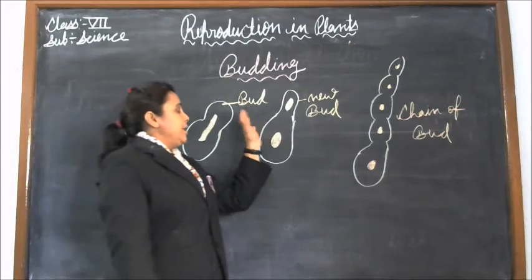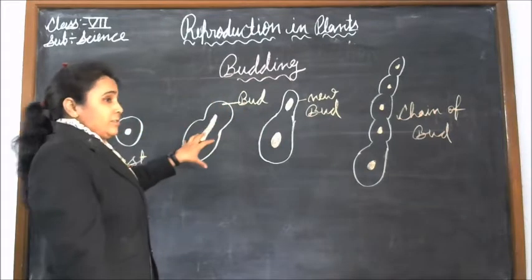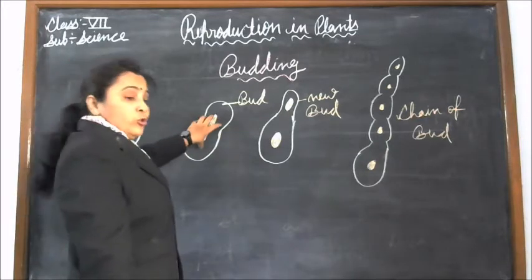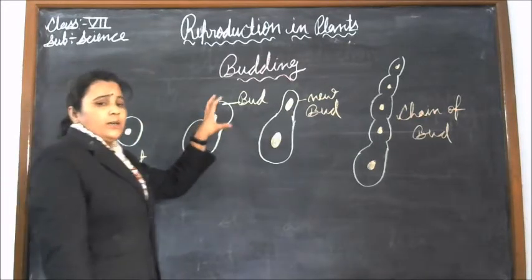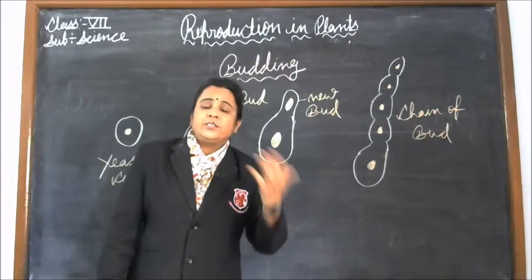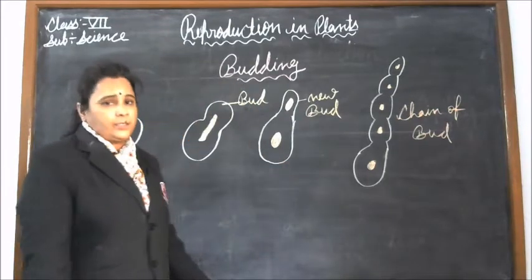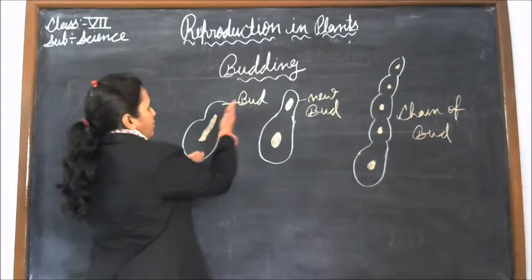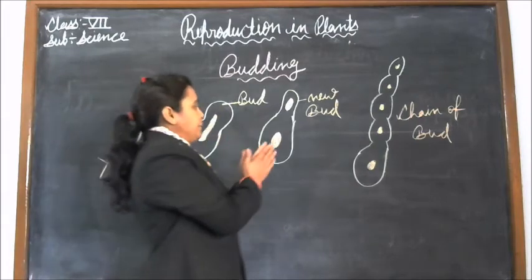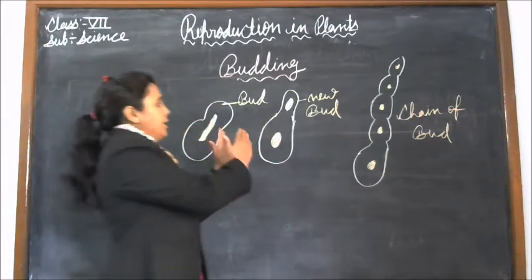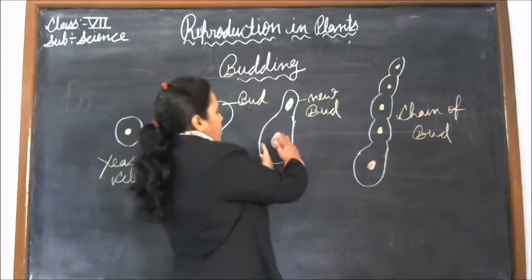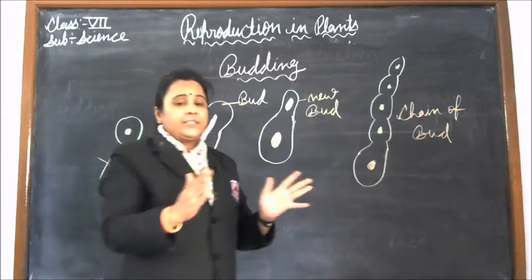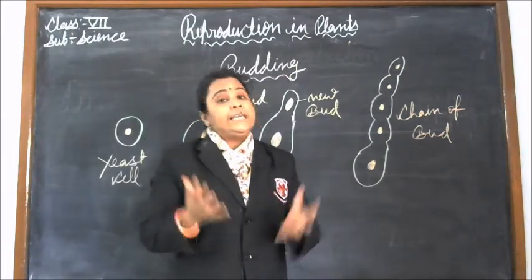After that, the nucleus present inside the yeast cell stretches and moves toward the bud. Nucleus is a cell organelle; you will study it in your higher classes. Then this bud gradually grows, detaches from the parent cell and grows as a new yeast cell.